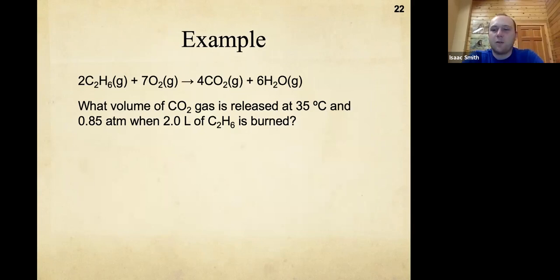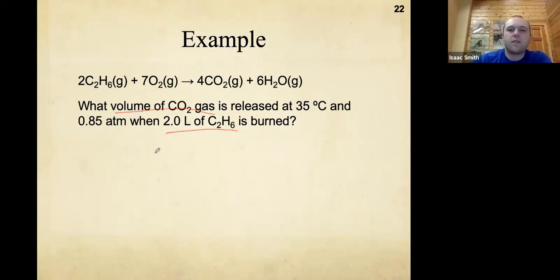What volume of carbon dioxide gas is released at 3 Celsius and 0.85 atmospheres if 2 liters of ethane is burned? Okay, if you're looking at the stoichiometry map, we need to go from liters of ethane to liters of carbon dioxide gas, right? These are all gases, and we just have one temperature and one pressure, so we should be able to use the shortcut on this one.